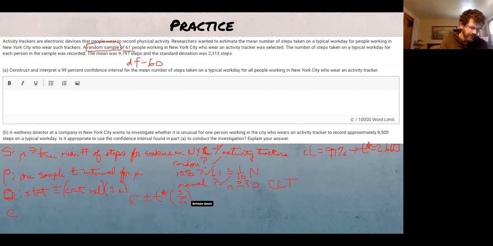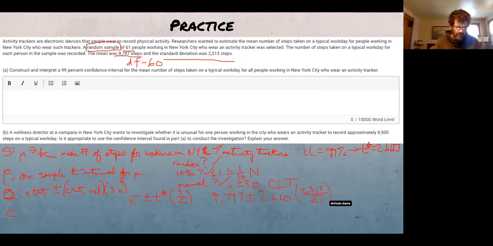X bar is right there. Sample mean is 9,797, plus or minus our t star we calculated already, 2.660. S is the sample standard deviation, which is 2,313, divided by the square root of our sample size of 61. And we can calculate from there.